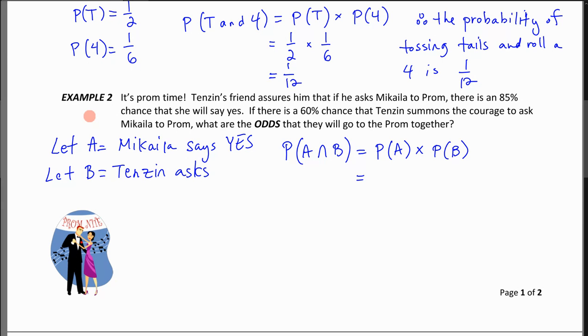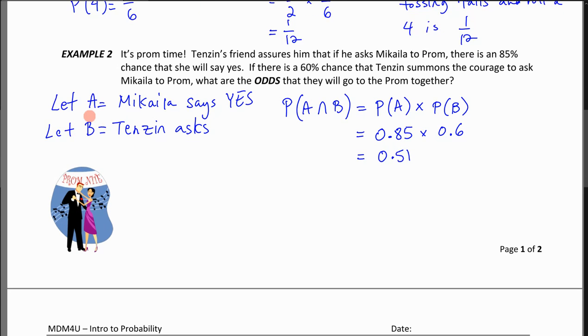The probability that she says yes is 85%, so as a decimal, 0.85, multiplied by the probability that he asks the question, which is 60%, so that's 0.6. Multiplying those two together gives 0.51. So there is a 51% chance that they'll go to the prom together.